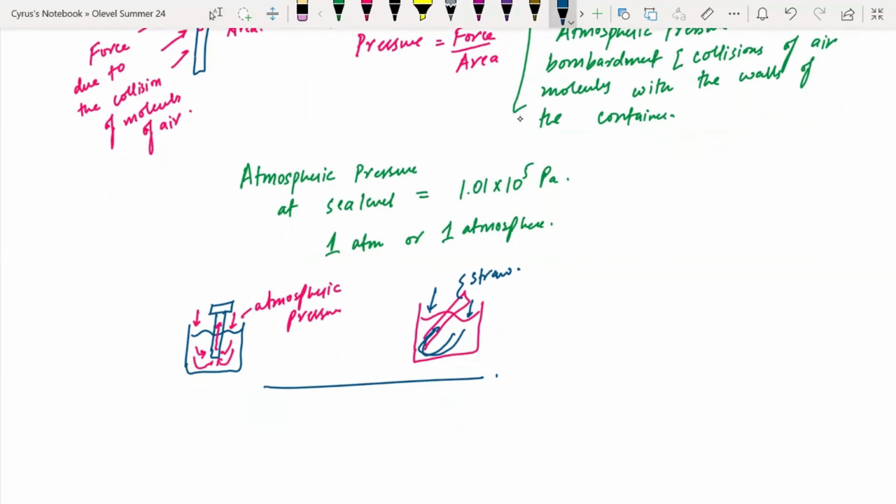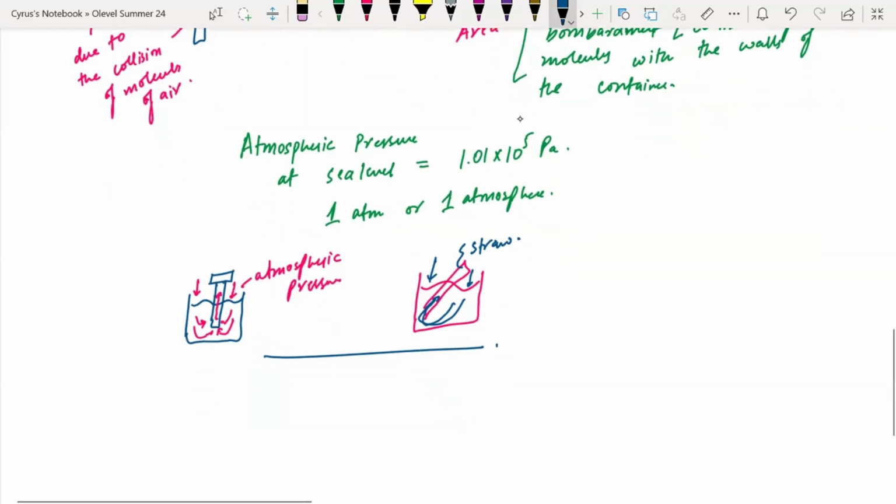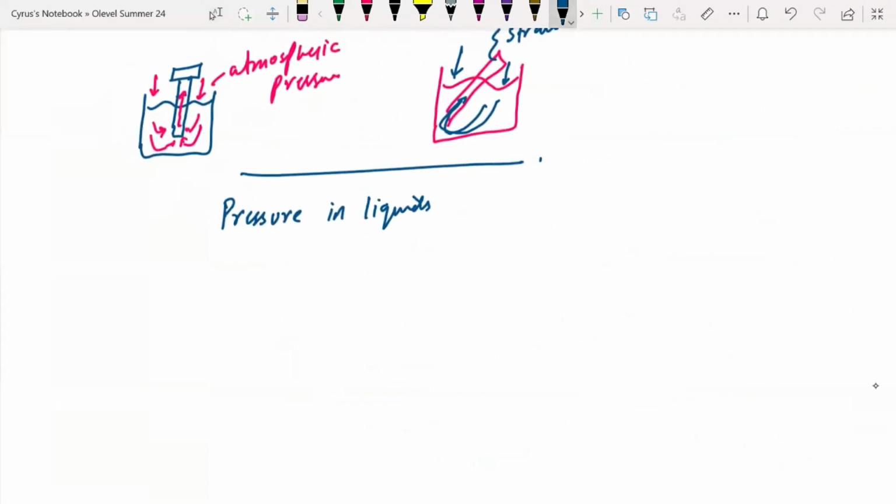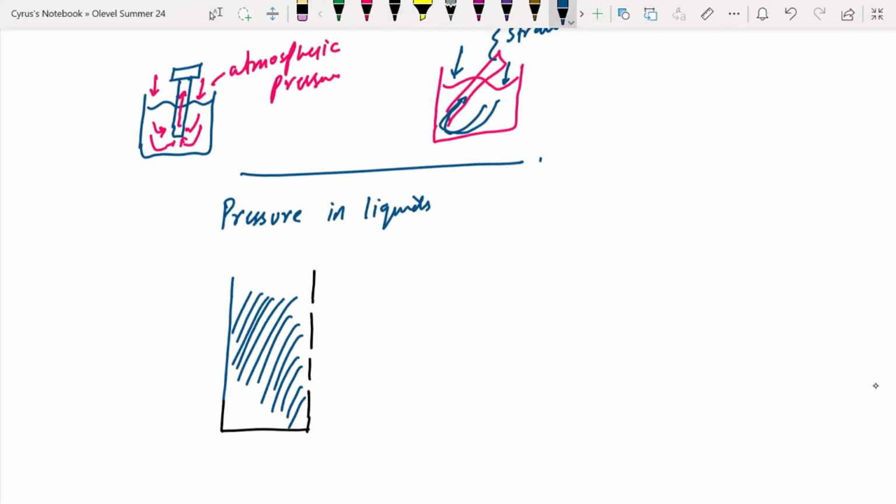Now let's talk about pressure in liquids. Let's say we have a container like this which is filled with liquid. Let's say this is filled with liquid all the way, and we make these 3 holes here in this container.